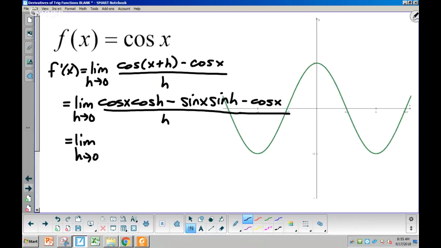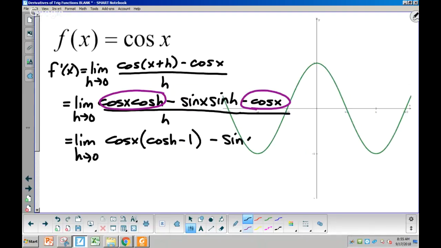Some more creative factoring. I'm just going to reach across the equation and factor out a cosine x. So this is cosine x times cosine h minus 1, minus sine x, sine h.